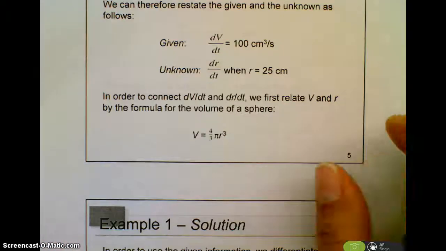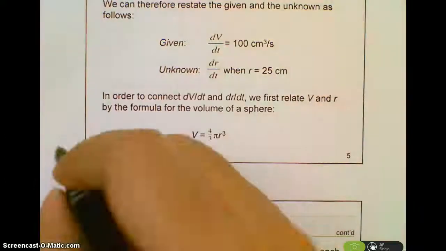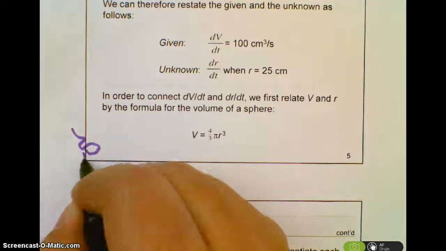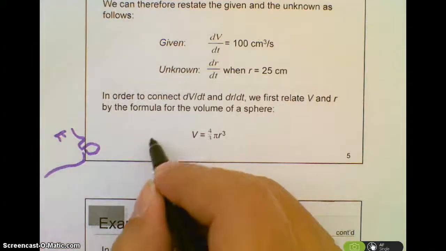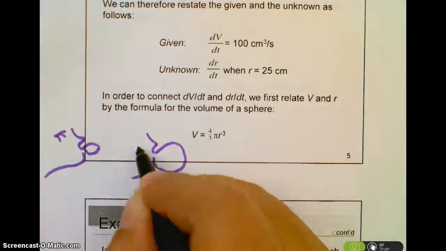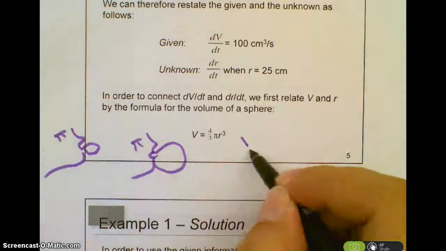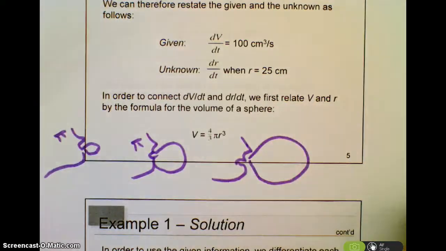The other thing to keep in mind is to try to picture the situation. So this is your nose, and you're blowing a balloon, and at the beginning it's not so big. This is your eye. Then as time passes, the balloon is bigger, and then it becomes way bigger.